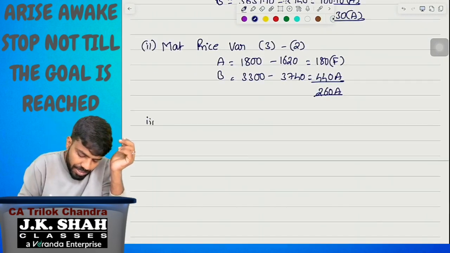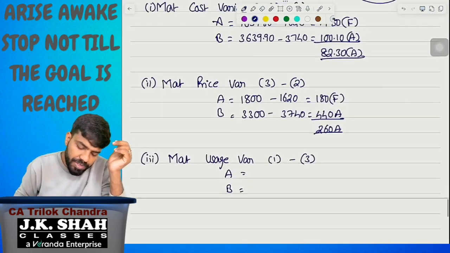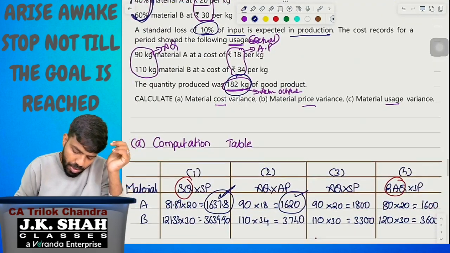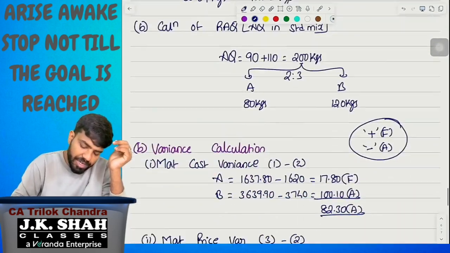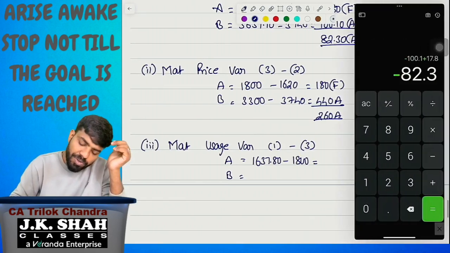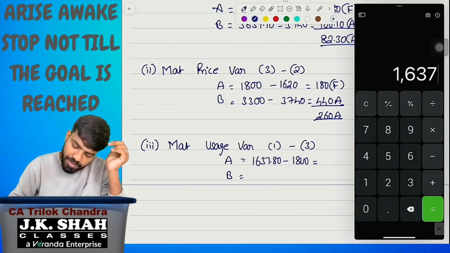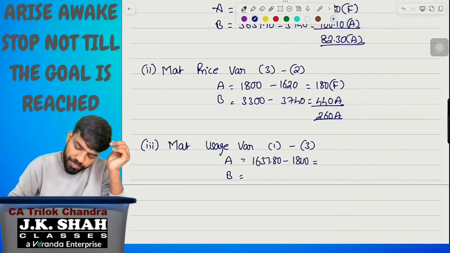Next, Roman number 3, material usage variance. Material usage variance, 1 minus 3. First we'll take A, B. A, first column, 1637.8, 1800. 1637.80 minus 1800 equals 162.2 negative, so adverse.